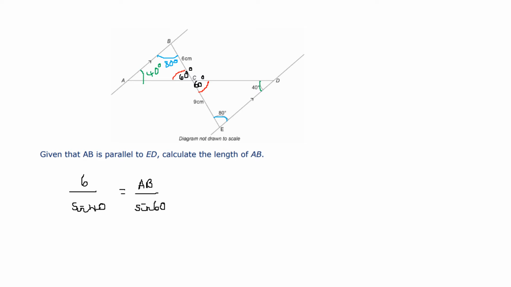And then if we rearrange that, we'll get 6 sine 60 over sine 40 is equal to AB. So AB is 8.08 centimetres, and that's to 3 significant figures.